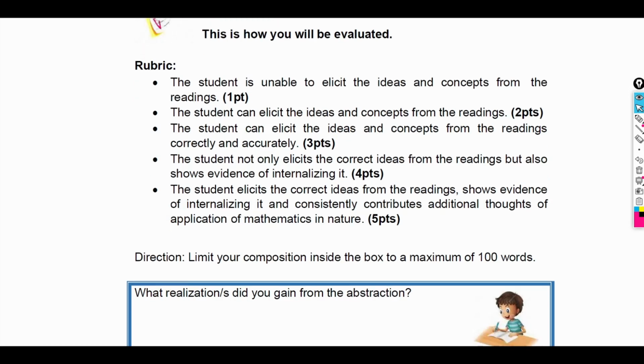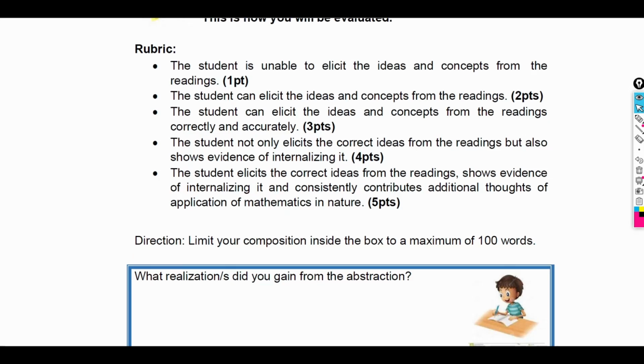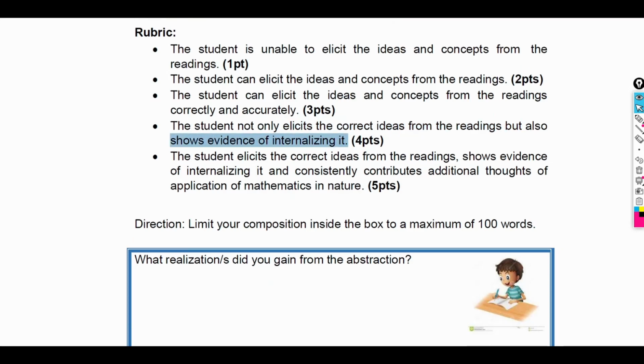Secondly, if the student can elicit the ideas and concepts from the readings, that will be given 2 points. If the student can elicit the ideas and concepts from the readings correctly and accurately, you will be given 3 points. If the student not only elicits the correct ideas from the readings but also shows evidence of internalizing it, you will be given 4 points.